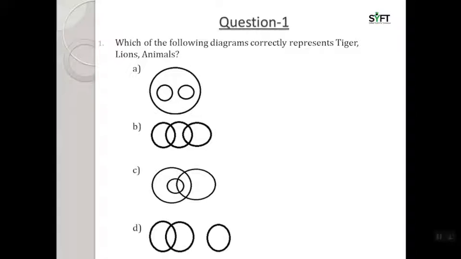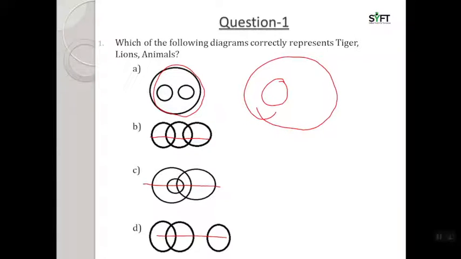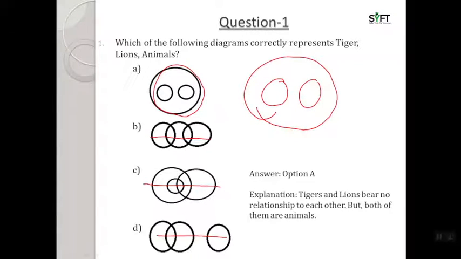So this is probably not the right answer, because it is different from what we discussed. This is also not the right answer. This is also not the right answer. So this is the right answer, where this is the animal kingdom, and inside the animal kingdom there are two animals, tiger and lion, and they are not related with each other. So the answer is A.